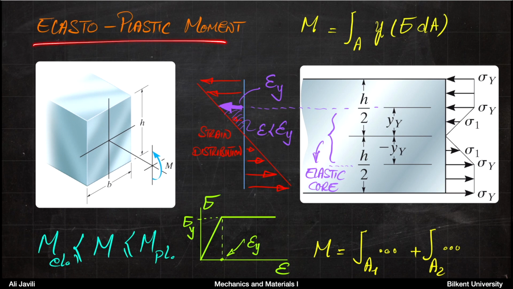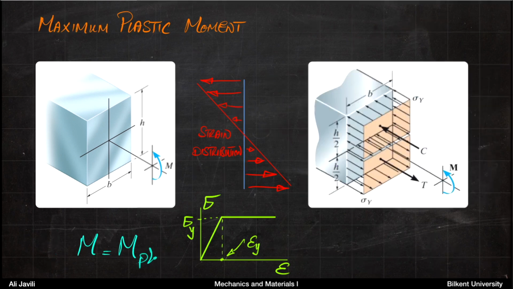So the elastoplastic moment is always larger than or equal to the elastic moment itself, but it cannot go to infinity, obviously. At some point you would have a complete plastic zone everywhere, and that would be your maximum moment, or maximum plastic moment, which we call M_PL.